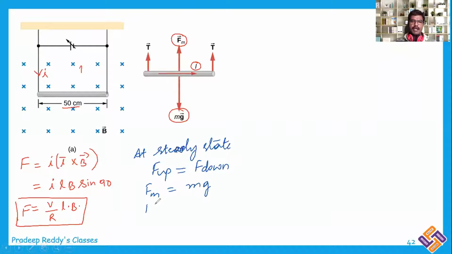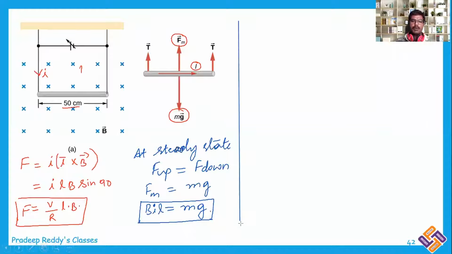It is BIL, which is equal to m into g. You can find out the value of L. You can find out the magnetic field required. You can find out the current in the conductor by using this expression such that the wire is stationary in air. This is one more example you can use. You can use these two concepts in solving problems.